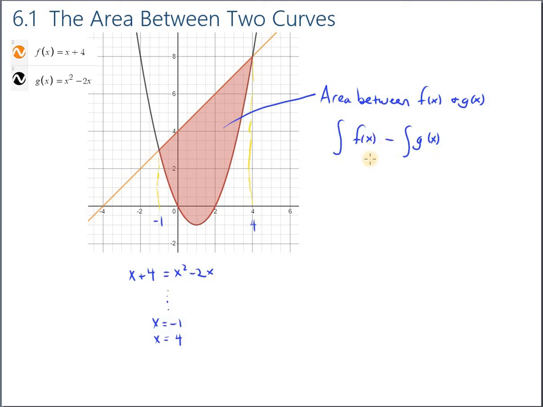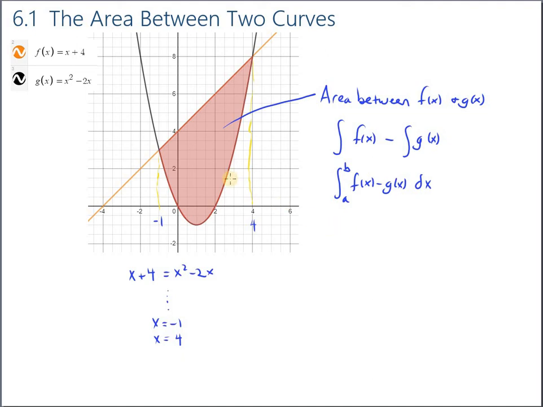And it's really as simple as that. Algebraically, we can manipulate this and just say that's a single integral of the two functions subtracted. Let's get the dx on there, and we'll have limits of integration because we're looking for an actual area.